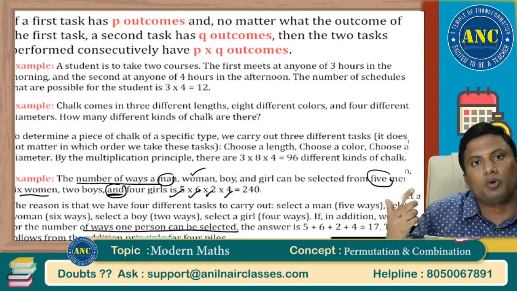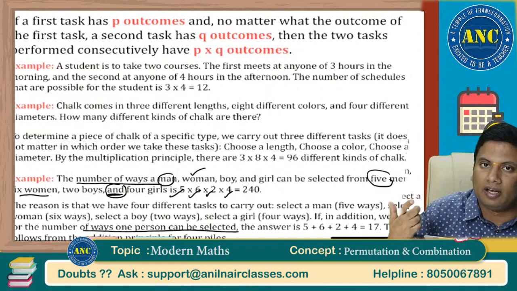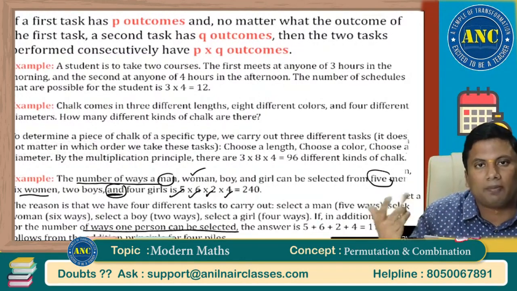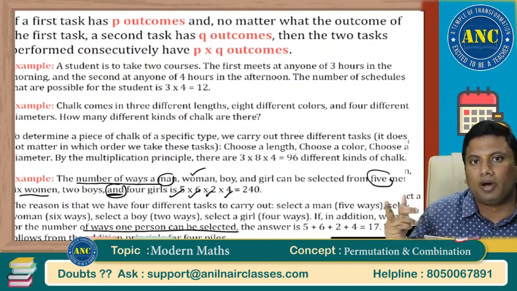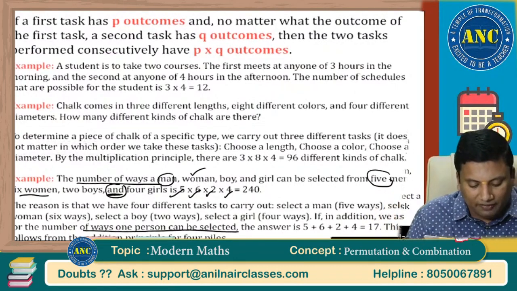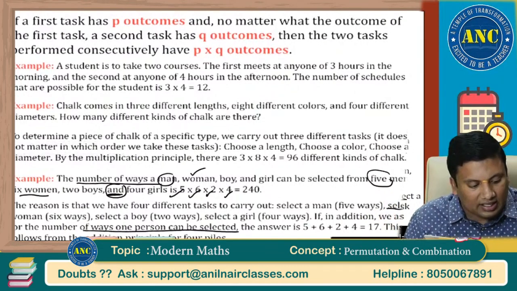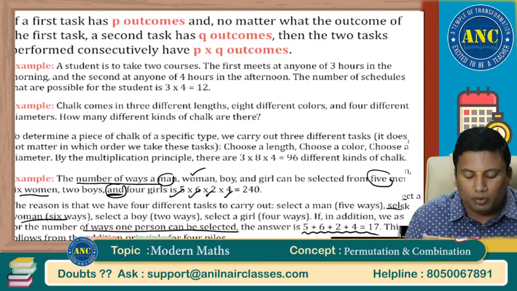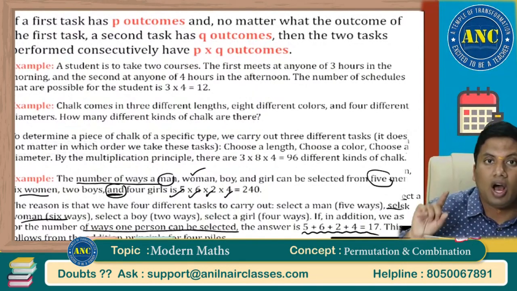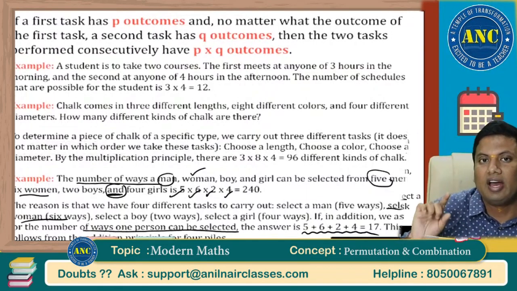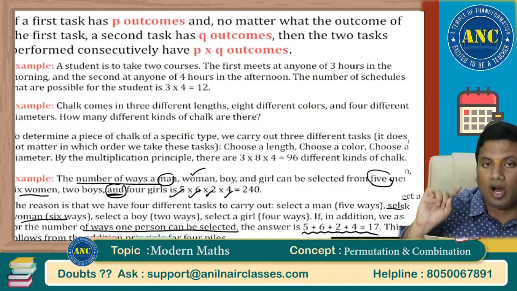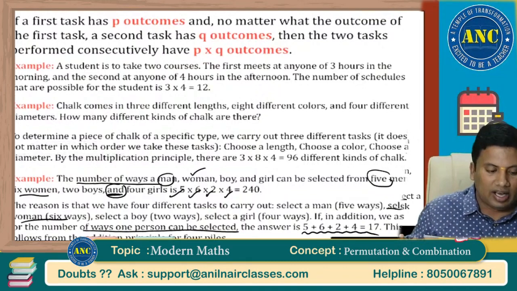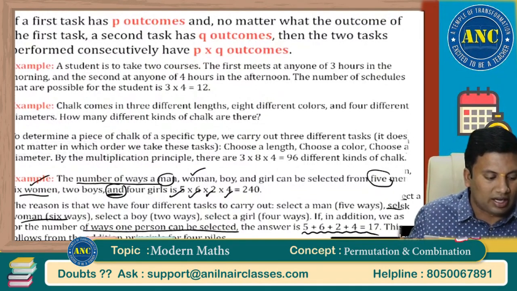The person whom I select could be either a man or a woman or a boy or a girl. So in how many ways can I select one person? Which is nothing but 5 plus 6 plus 2 plus 4, which is 17. Our condition is addition, and the other condition is into. I hope this example is also clear, right?